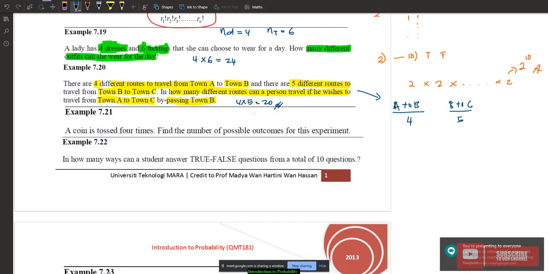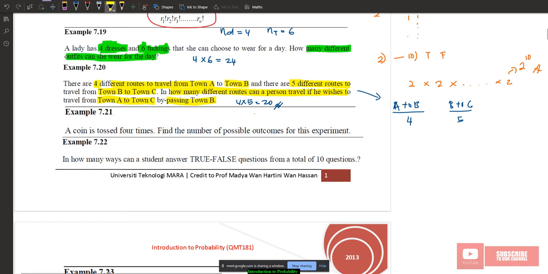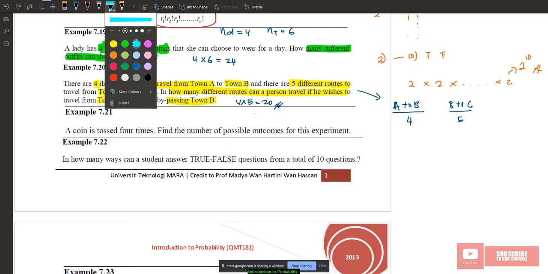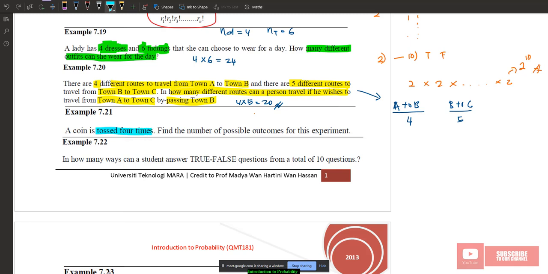That is the first formula. Now, look at example number 7.21. It says a coin is tossed 4 times. Find the number of possible outcomes for this experiment. A single coin has 2 possible outcomes, either head or tail.